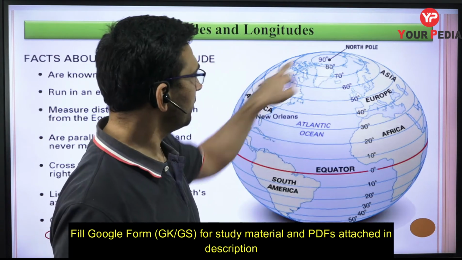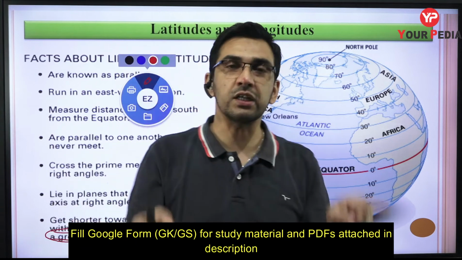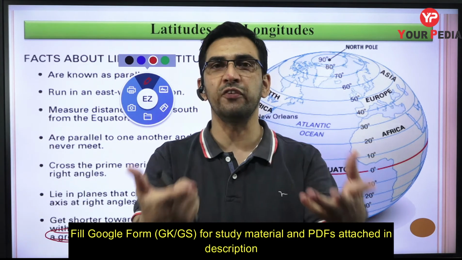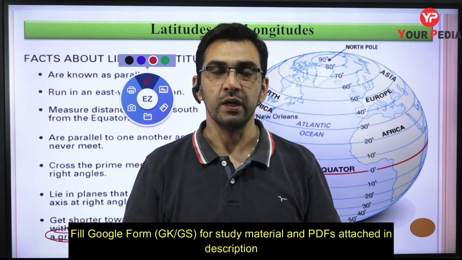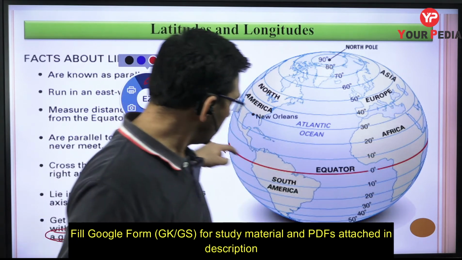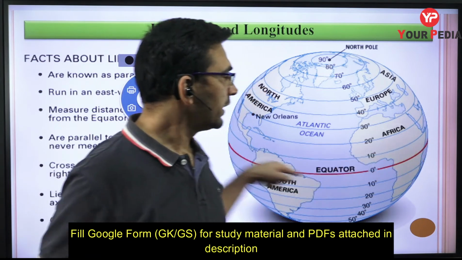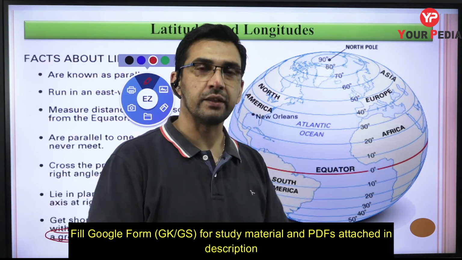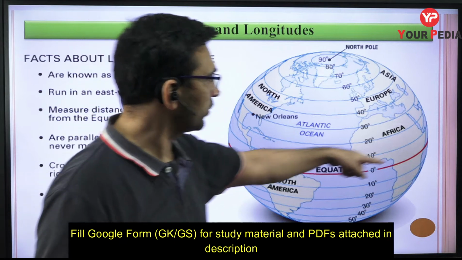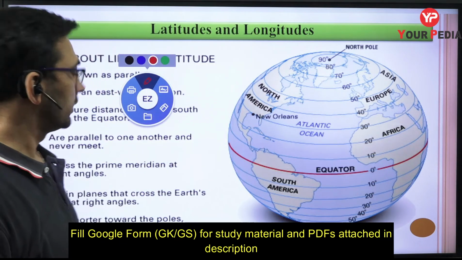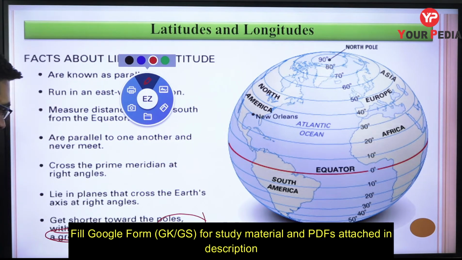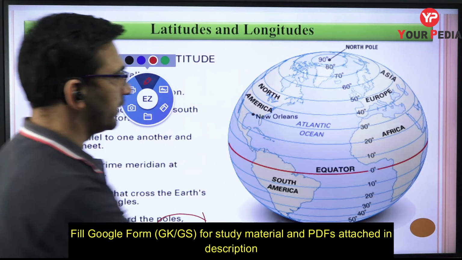Obviously, all the great circles formed by the meridians will be of equal length, right? Whereas the great circle formed by the equator is going to be the largest. If we take its periphery, the circumference length, it is going to have the longest length. So you can say the longest great circle is the equator, right?